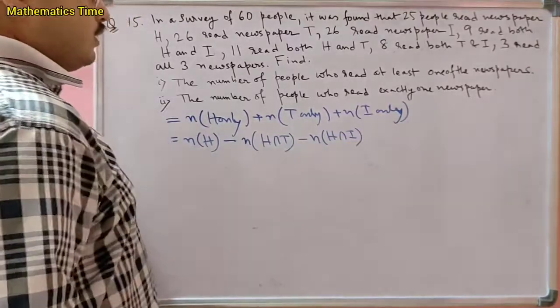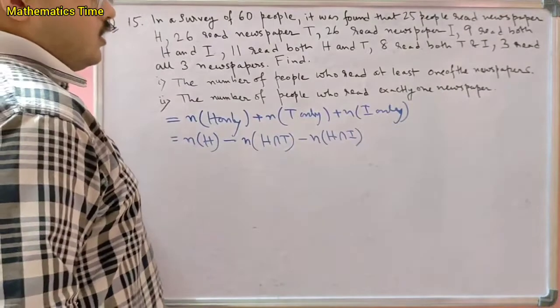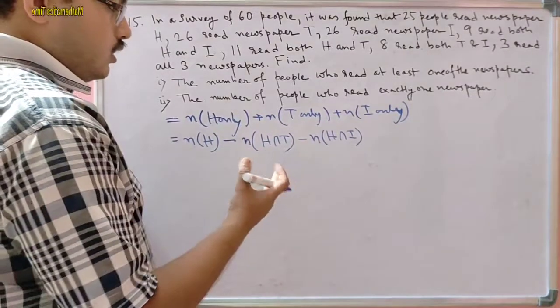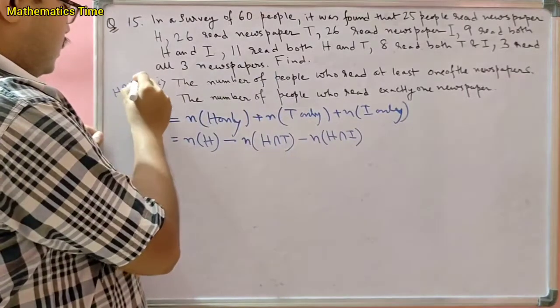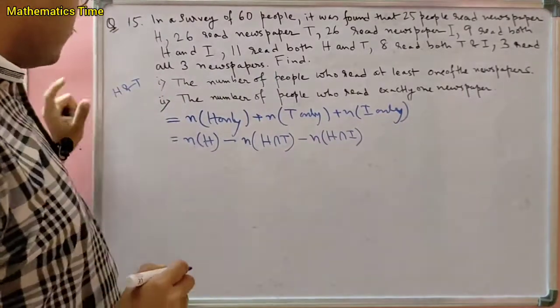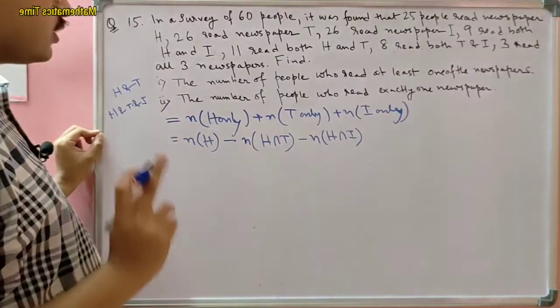Now think, the people who read H and T, they might read H, T and I. In this set of people there are some people who read H, T and I. You have to understand this.